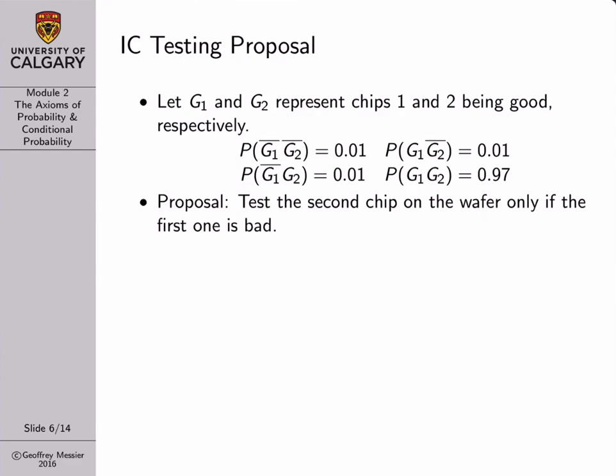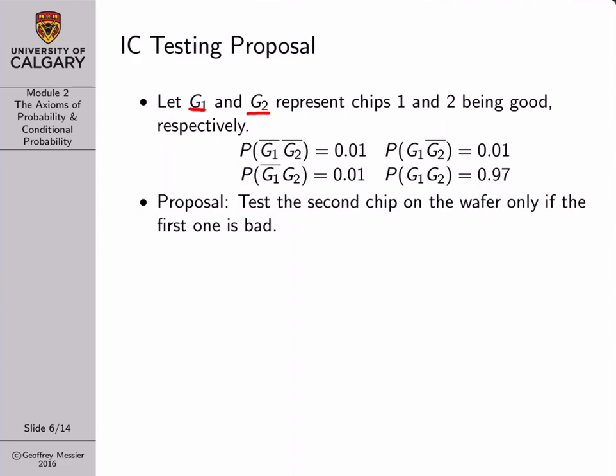Just for our notation, let G1 represent the situation where integrated circuit number one is good, it has no defects, and G2 represent the situation where the second integrated circuit has no defects. And so using a relative frequency approach, what your company has done over time is look at the results of testing these two integrated circuits.